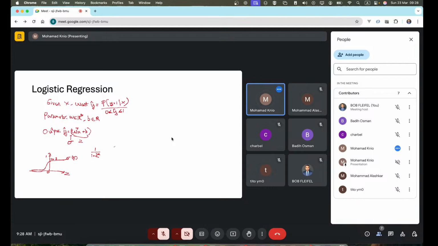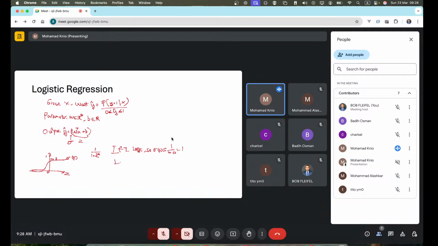So let me write it down. If z is large, so sigmoid of z would be 1 over 1 plus 0, which equals 1.